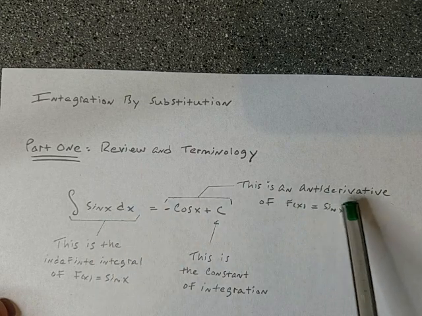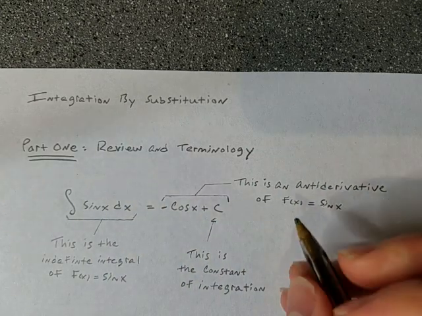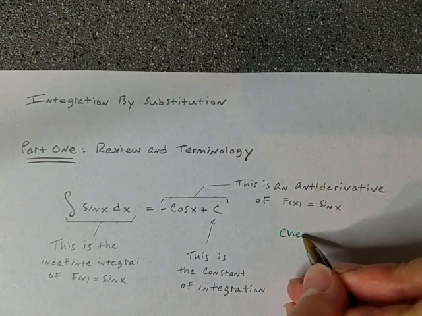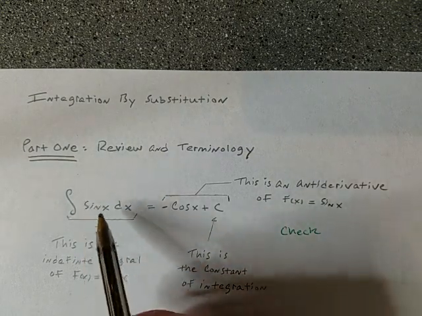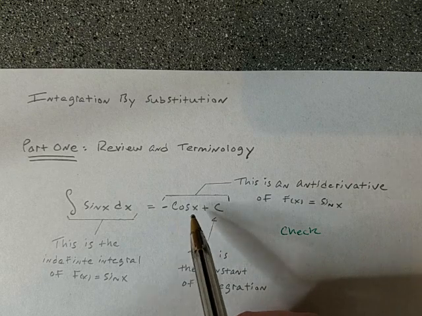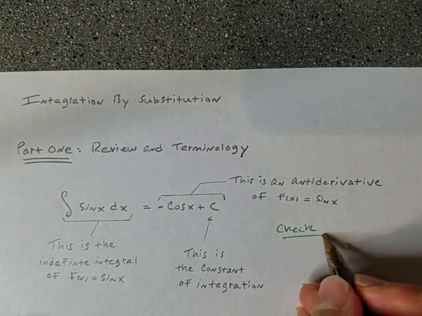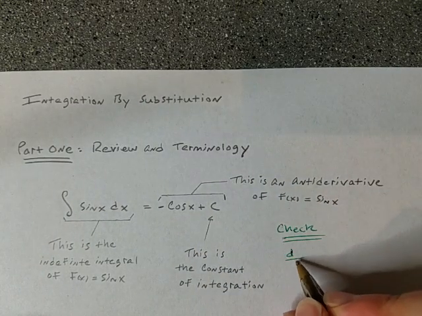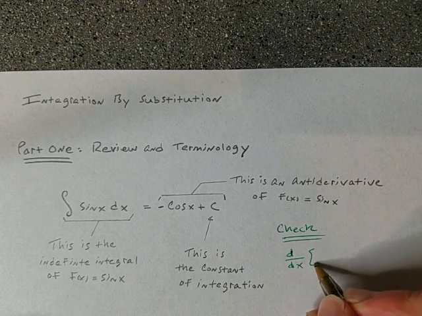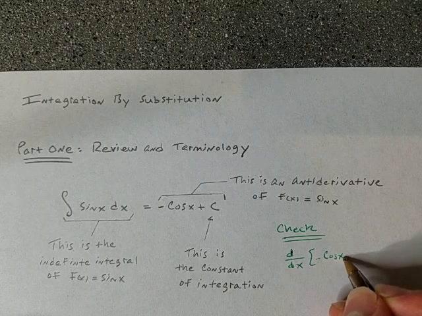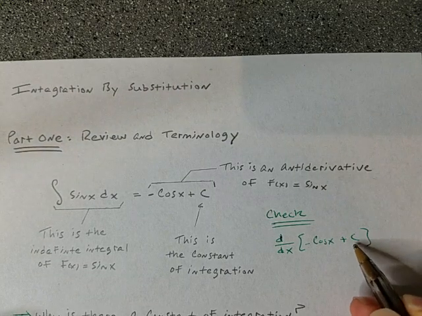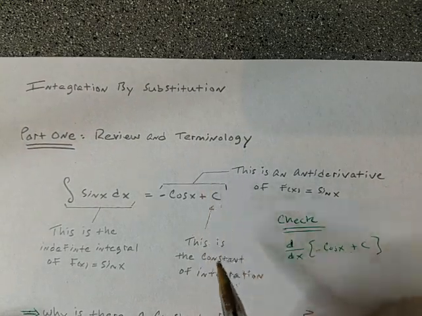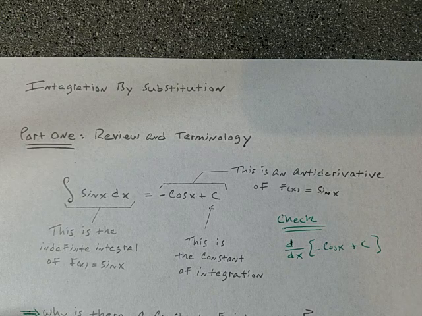Okay? All right. So why is this the answer to this? Well, we call this the antiderivative. So you could check any of these statements by saying, well, look, the indefinite integral of sine x is negative cosine x plus C, because if I take the derivative with respect to x of negative cosine x plus a constant, now, I don't know what that constant is. It's not specified. It can be anything. It doesn't matter.